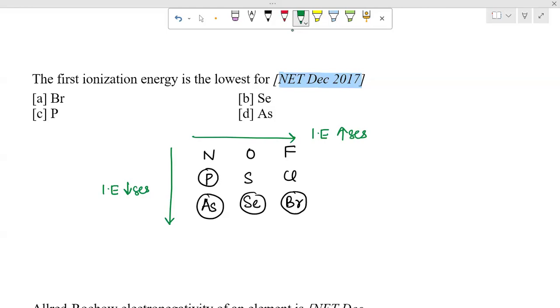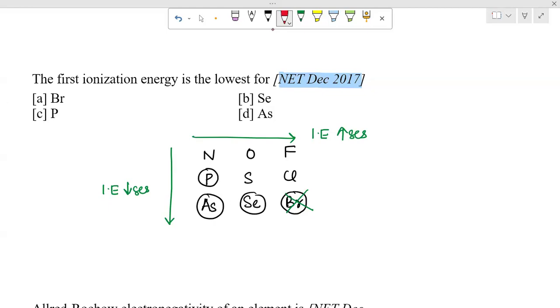Right. So, if we look like that, if we move from left to right, what happens? Here, though, it's not bromine. Why? Because the ionization energy will be very high. Now, over here, what you have to pay attention to is, if you just look at the trend, you will go and mark arsenic because that is at the end, which is the lowest. But no, be careful. This particular group of nitrogen is half filled. Correct?